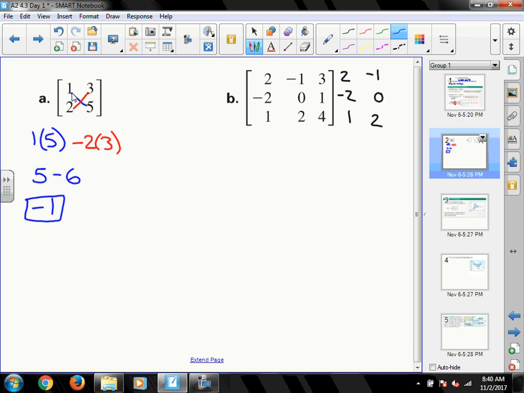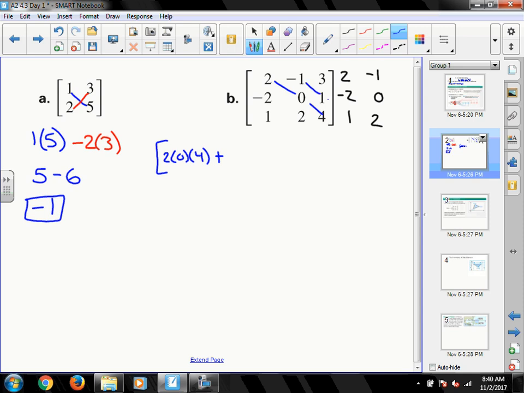So if I start at the top left going down to the right, we're going to get, and I always put these in parentheses, 2 times 0 times 1, 4. Plus, going down to the right, I'm going to move to this -1.